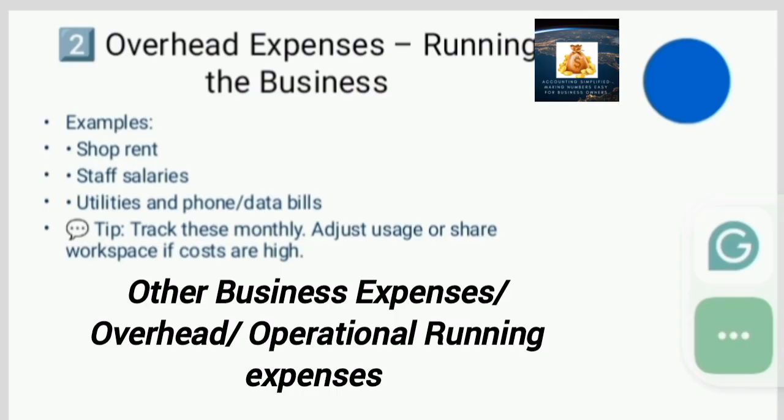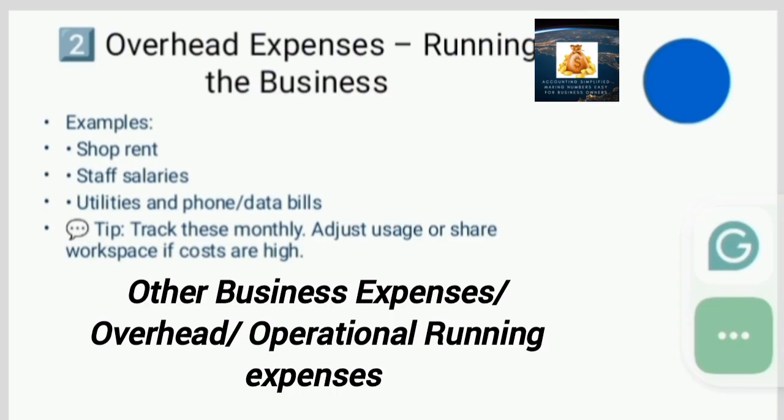Are we together? Now, if you're someone that needs light in your shop all the time, that is also another operational running expense. So any expense that you incur to enable you run your shop or sell your product, but is not directly connected to you selling the product, as in the case of buying raw materials, having a shop, there are things you do normally.